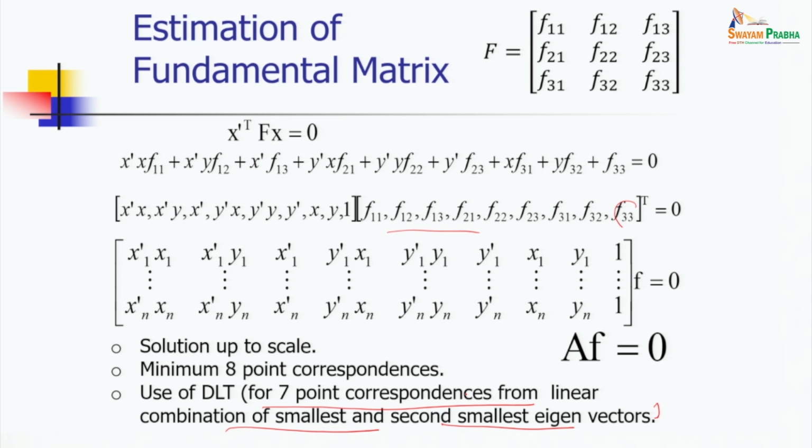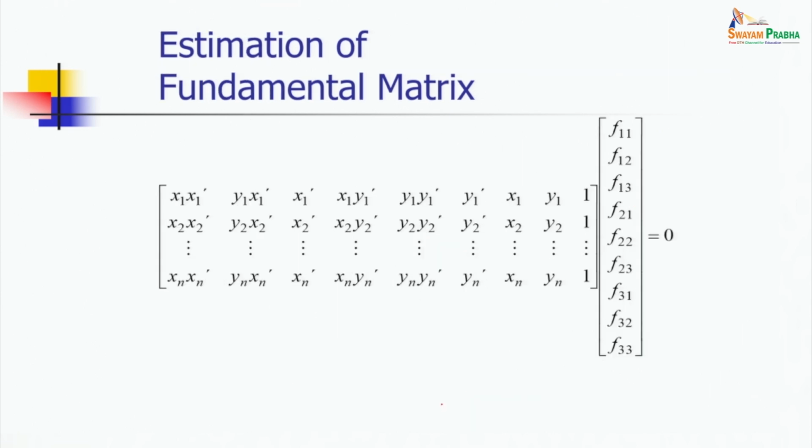So there would be 2 singular vectors, and from there, I have to find out the respective solutions. So let us not discuss that. Let us consider this particular problem of estimation of the fundamental matrix using the minimum 8-point method.